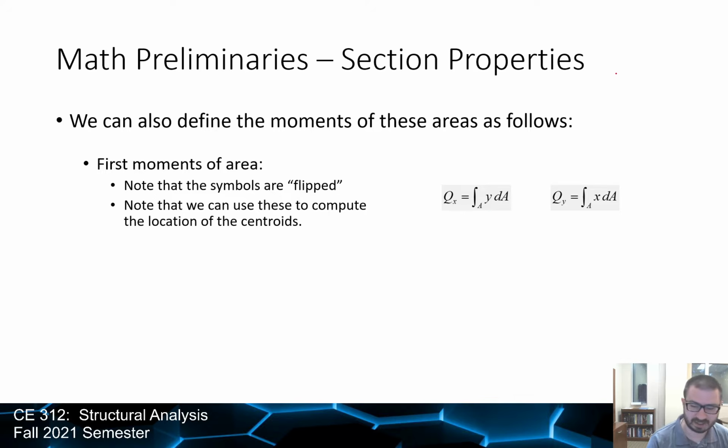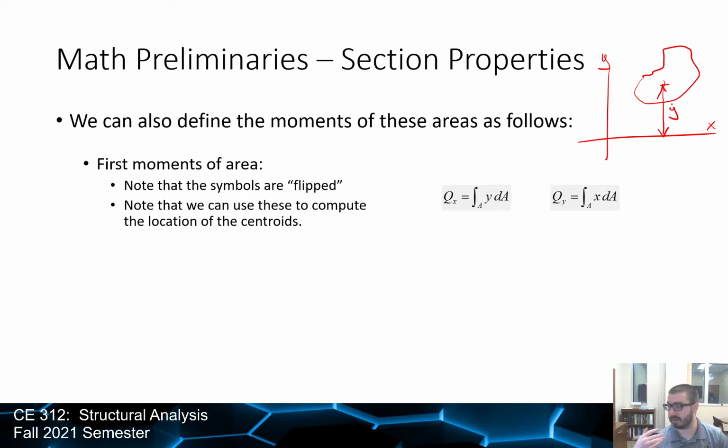That is not a typo because, for example, if this is your x-axis and this is your y-axis, and I have some region here, how far is that from the x-axis? Let's just use the centroid as an example. Well, that distance is y. That's how far you are from the x-axis. That's why the symbols are flipped. So the first moment of area with respect to x is the integral of y dA, and the first moment of area with respect to y is the integral of x dA.